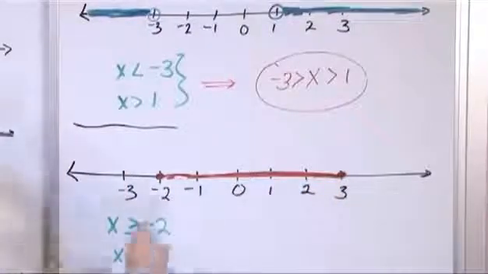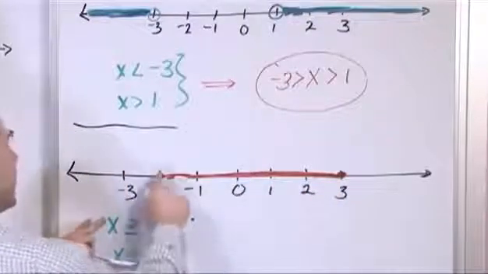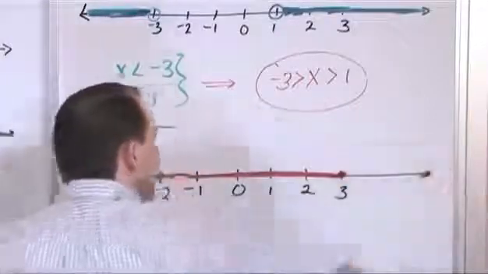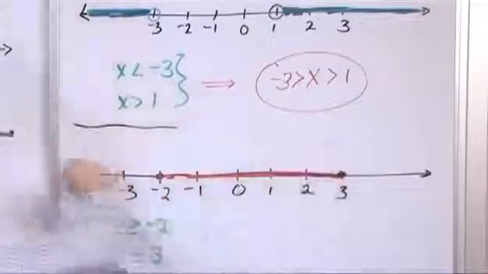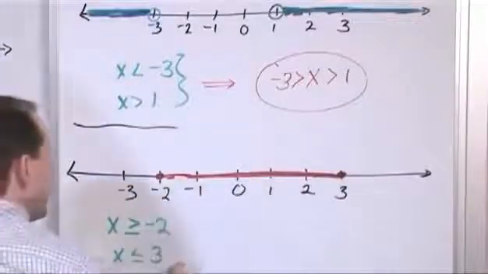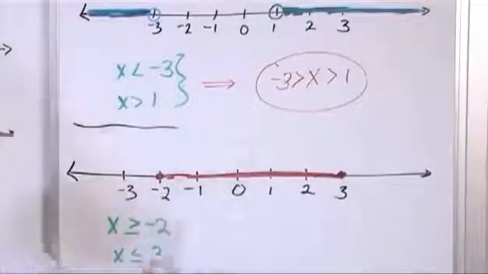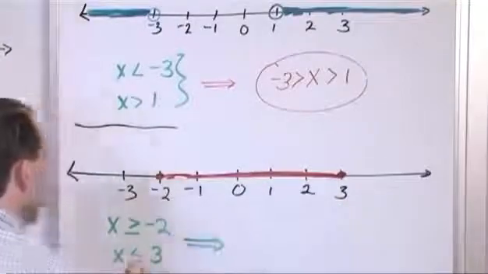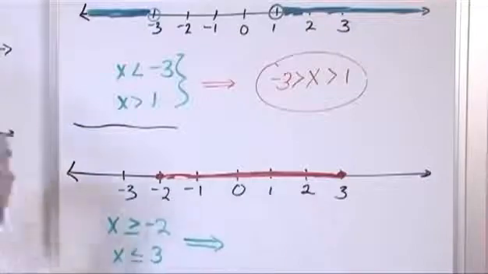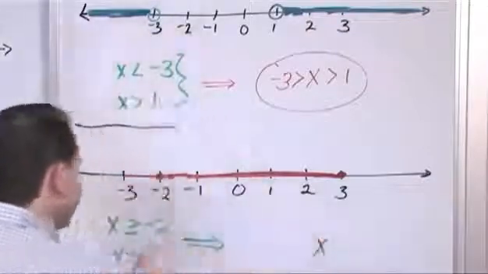Okay, so this by itself would be a solid dot going on and on to infinity. This by itself would be a solid dot going on and on to -infinity. But when you put them together, it just represents the range of numbers here. The way you would write that, you put x in the middle and do exactly what I said.